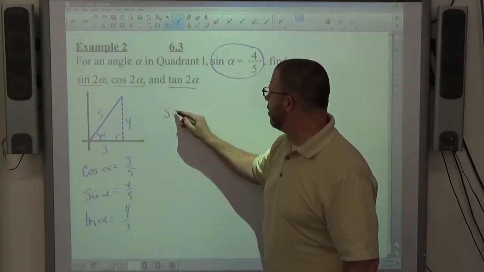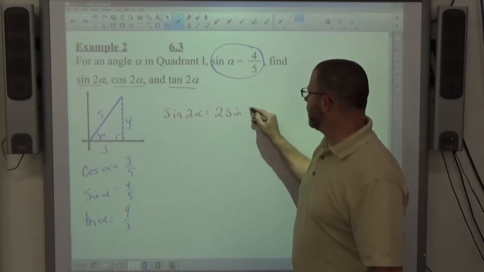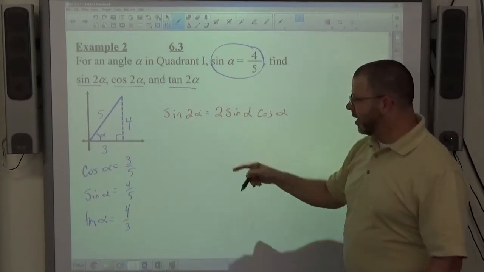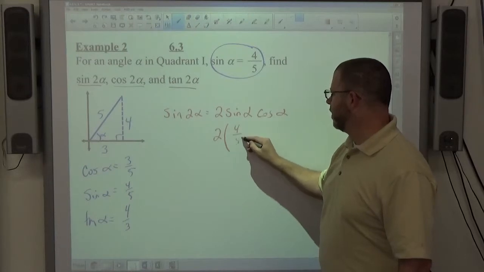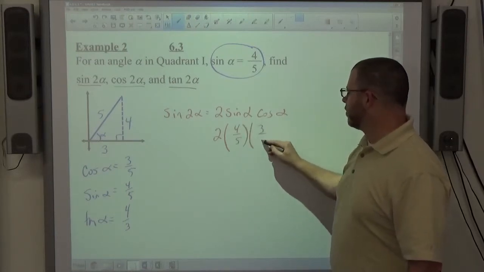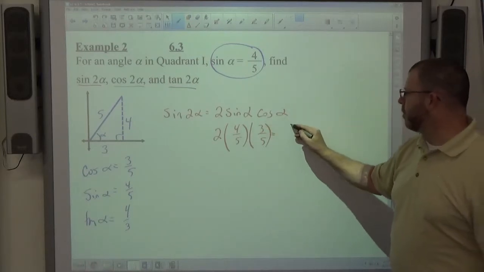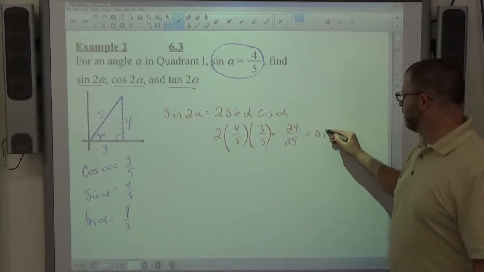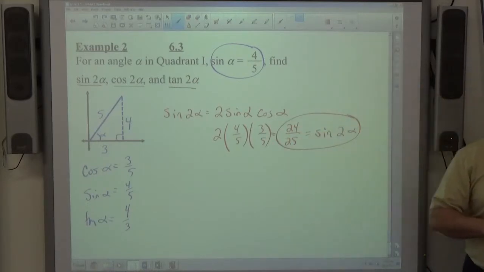So sine of 2 alpha, according to the sheet, is 2 times sine of alpha times cosine of alpha. The sine of alpha is 4/5 and the cosine of alpha is 3/5. Multiply it all out. 2 times 4 times 3 on top is 24, 5 times 5 is 25. Just like that, I know sine of 2 alpha.